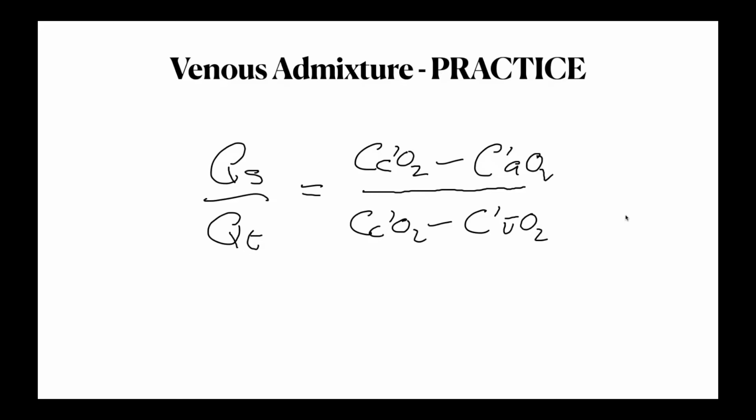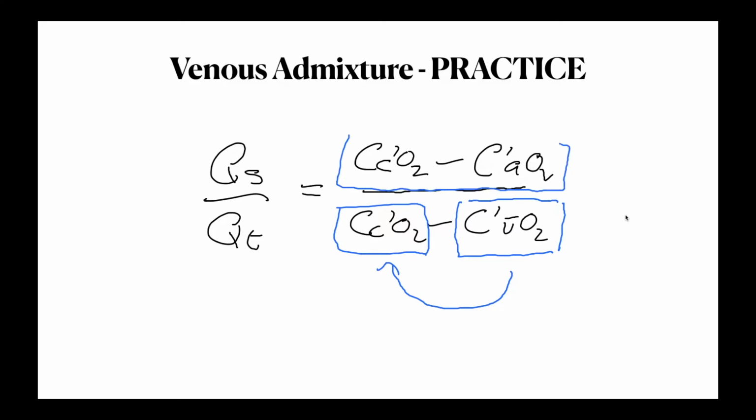All right. And then we're going to practice in your head the definition. The definition is, it's the amount of mixed venous blood that needs to be added to end capillary blood to see the observed difference between arterial and end capillary PO2.